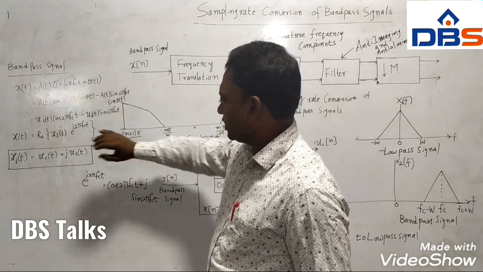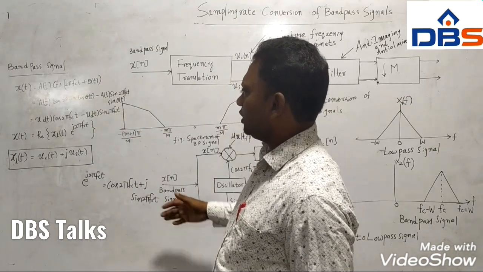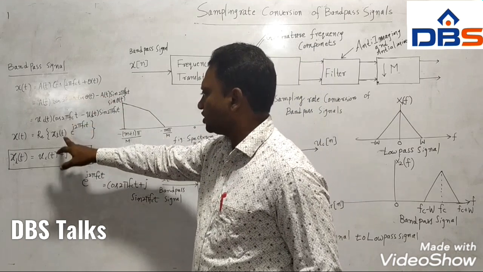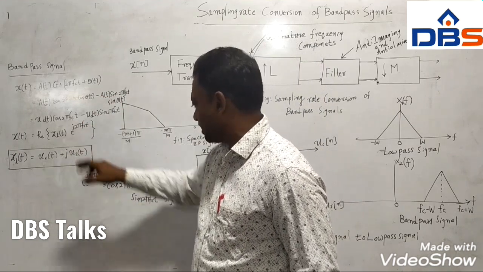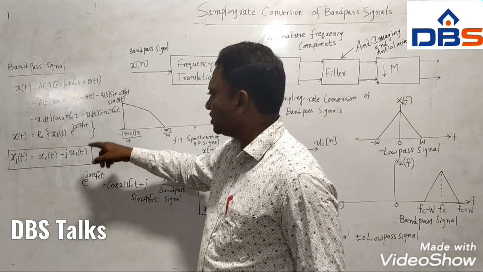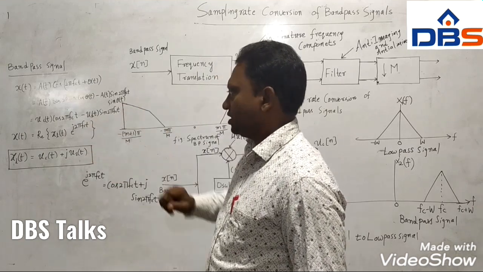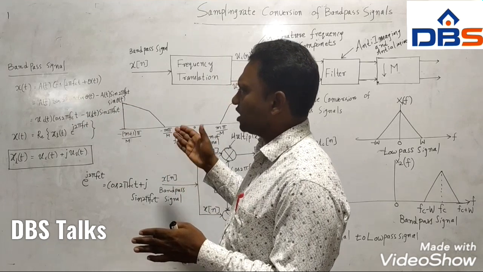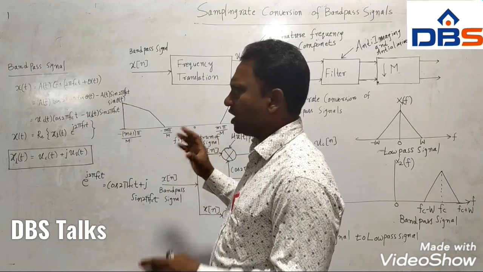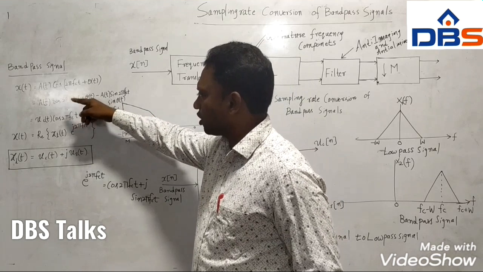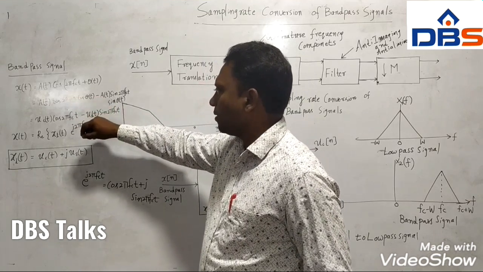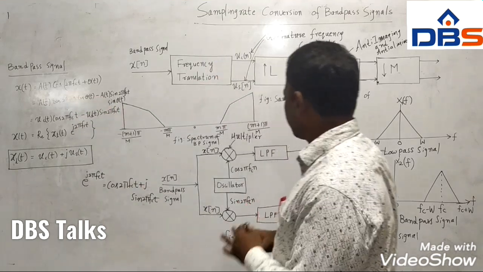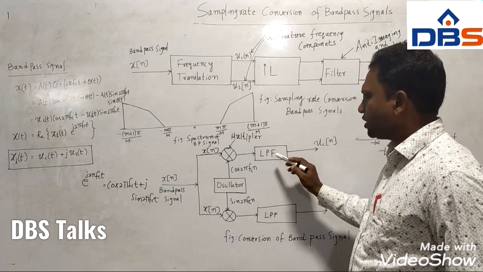Now if you multiply with cos 2 pi fc t, where Uc(t) is A(t) cos theta(t), then using cos A cos B equals cos(A plus B) plus cos(A minus B), you will get one high frequency component and one low frequency component. The high frequency component is filtered by the low pass filter.